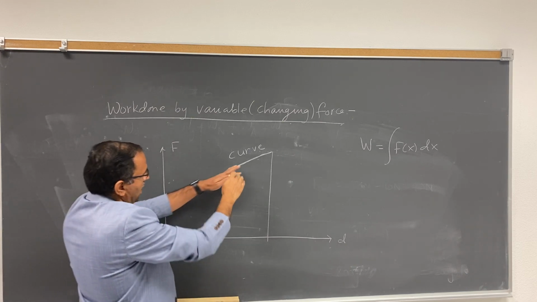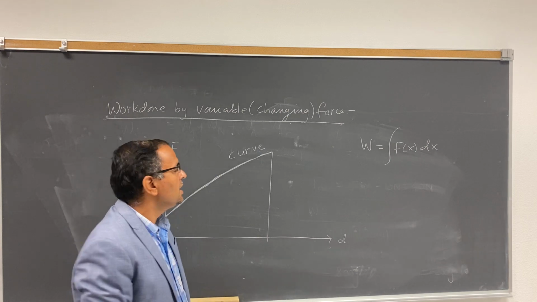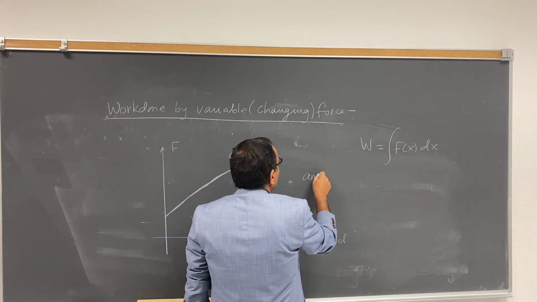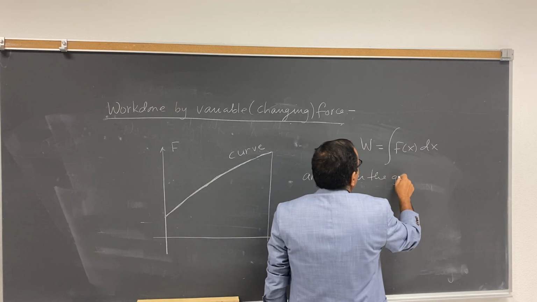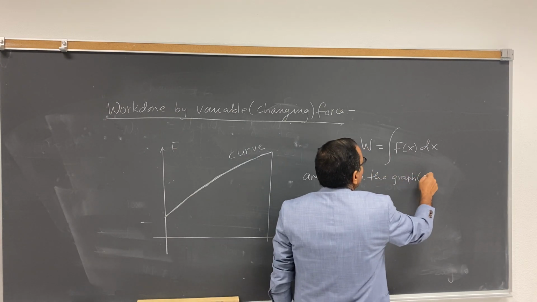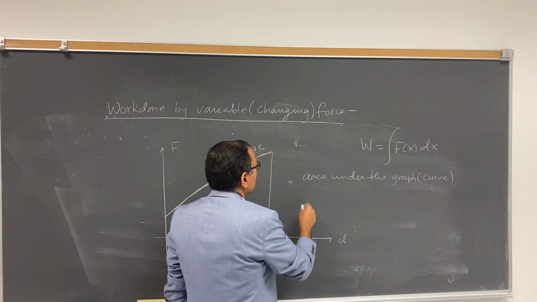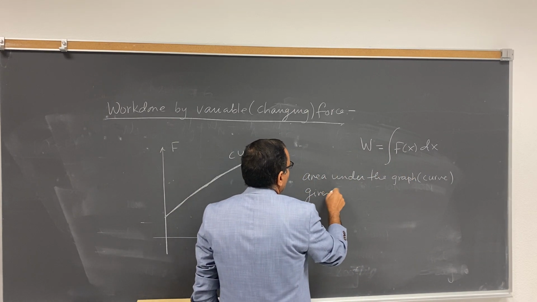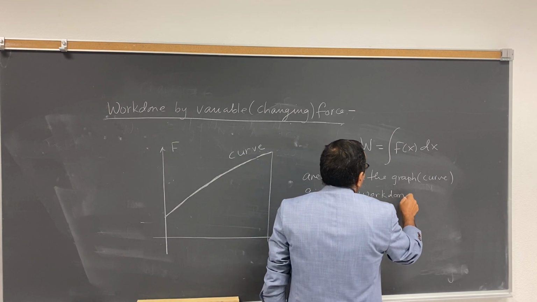Whatever area you have here under this curve, that area gives you the work done. Whether you have a curve or a straight line, it's not a big deal. The area under the graph gives the work done.